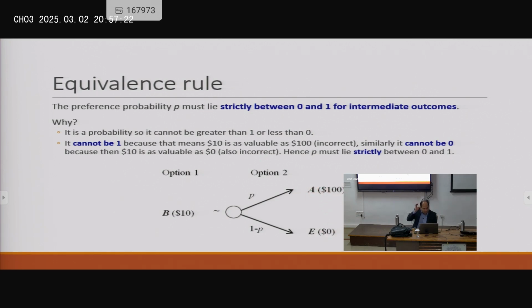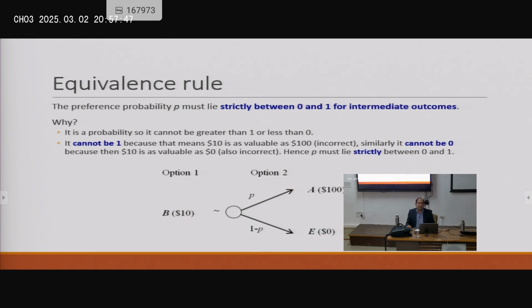Another thing you can probably see here, there are 2 points I want to make. One is that if this probability increases, does that mean that you value B more or you value B less? You're indifferent between option 1 and option 2, right?